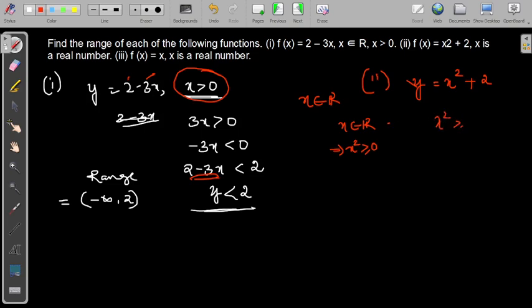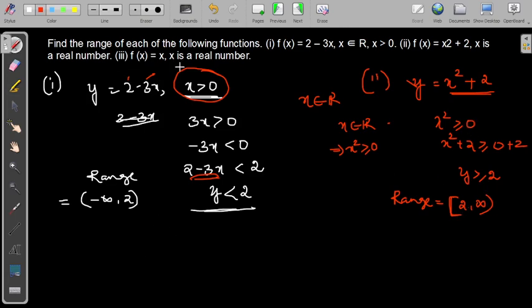So x square is greater than or equal to 0. I want it in this form. So add 2 on both sides, x square plus 2 is greater than or equal to 0 plus 2. That is y is greater than or equal to 2. Therefore, range means value of y equal to 2 to infinity. Any value starting from 2, that's why closed interval, up to infinity. Any value within this interval can be taken by y.